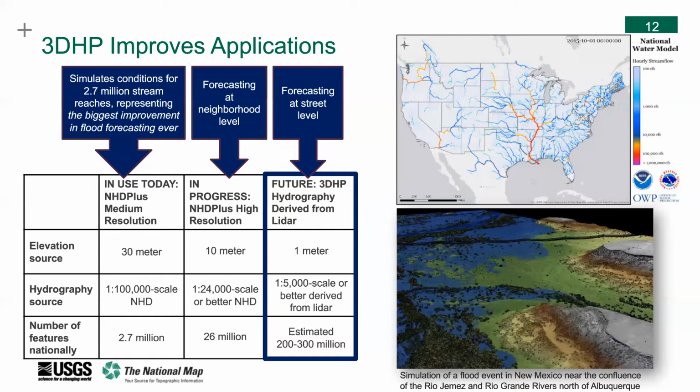But you can also see individual buildings. You would understand if a road was impassable or perhaps was passable by emergency vehicles or rescue vehicles. Or in the context of a forecast, understand how long that road would be passable. This is really vital information for emergency management applications.